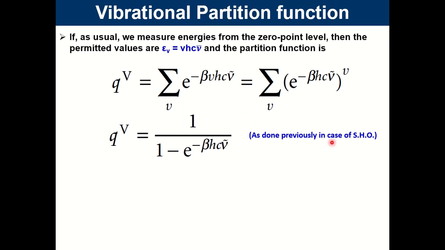So this is what you have already done in your simple harmonic oscillator case, and we simply move ahead with this, and we try to understand the partition function. So this expression is clear. I think you are able to grasp the concepts.